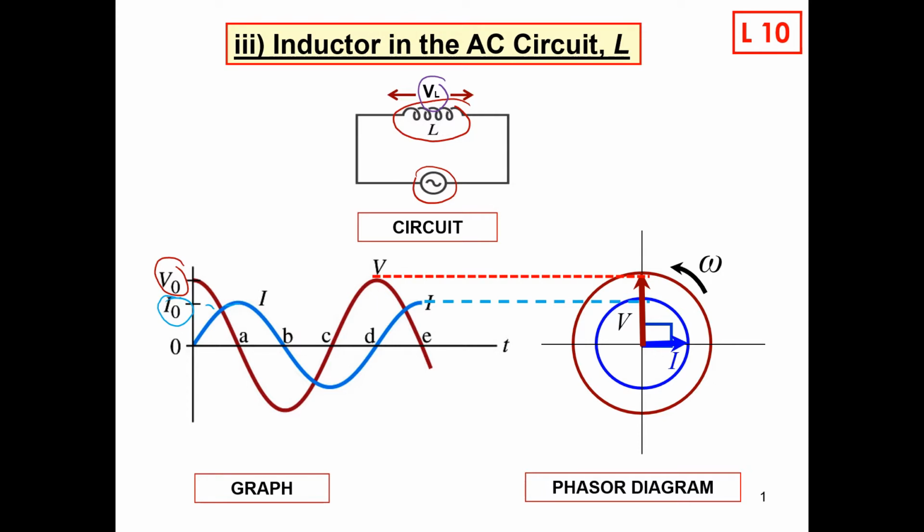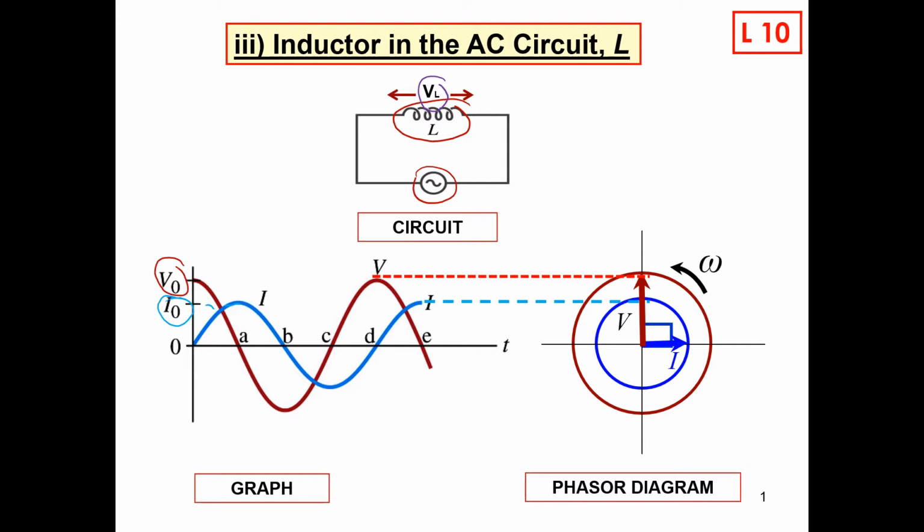Next we look at the phasor diagram that represents the direction of the current and the voltage in the inductor circuit. The blue one is the phasor for the current.